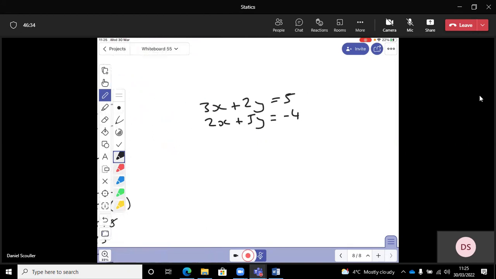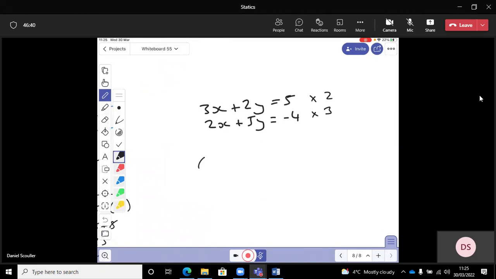So we start off with the same. We multiplied that by 2, we multiplied that by 3: 6x plus 4y equals 10, 6x plus 15y equals negative 12. Line underneath that, take both away.